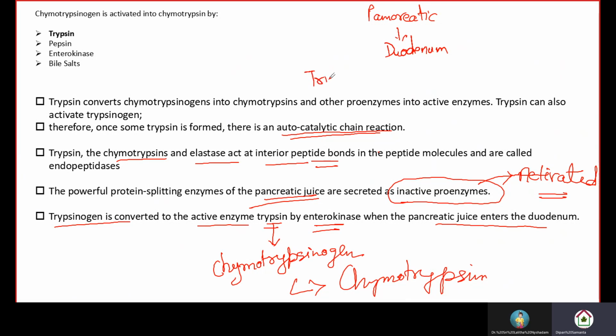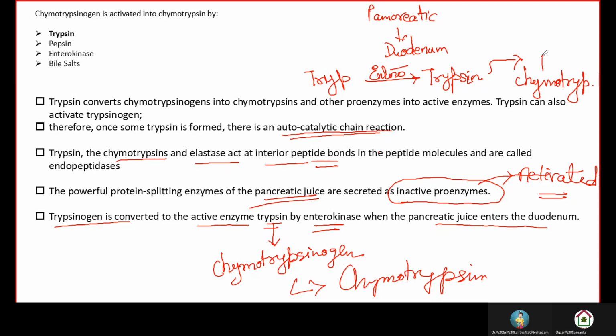And trypsinogen is then converted into trypsin by enterokinase, and this trypsin will act on chymotrypsinogen to form chymotrypsin. Okay, so this is the overall story that is happening here.